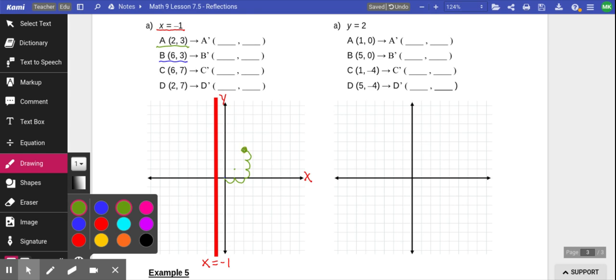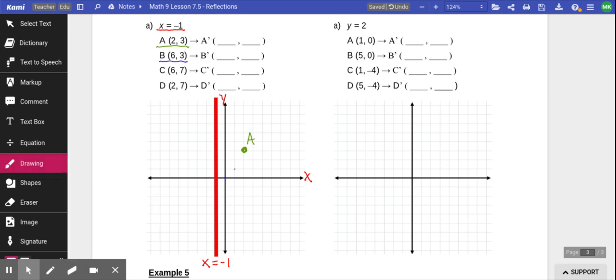Hopefully I didn't mess up on any of the other questions writing out my dots. But I definitely messed up that one. B is 6 to the right and then 3 up. So 1, 2, 3, 4, 5, 6, and then 3 up. 1, 2, 3. There we go. That's part B.